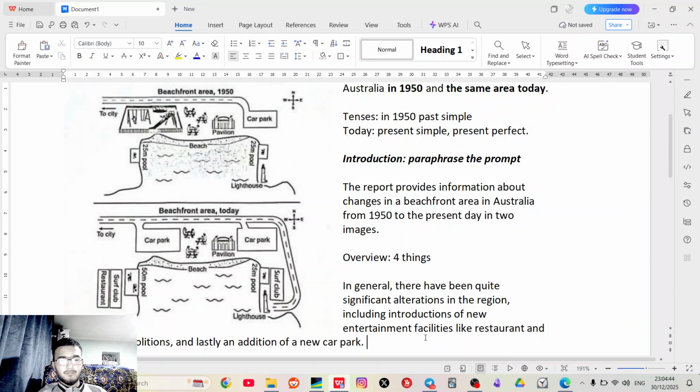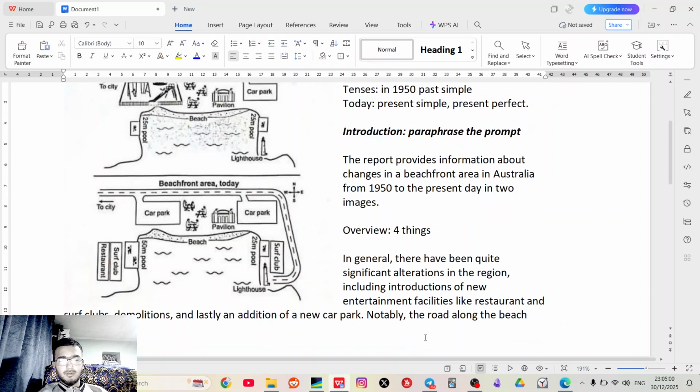Notably, the road along the beach was also extended all the way.